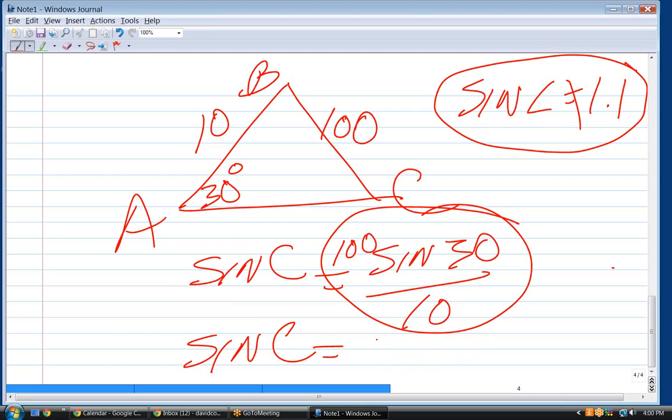So when I go to solve for C, if you put inverse sine of 5 in your calculator, it's going to cough. It's going to tell you impossible, bad function, whatever. Because there's no such thing as the inverse sine of 5.